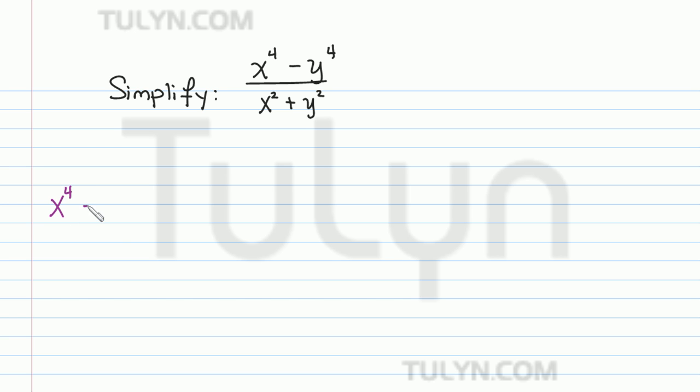You can think of x to the fourth minus y to the fourth as x squared squared minus y squared squared, because you just multiply the exponents back together to get x to the fourth.